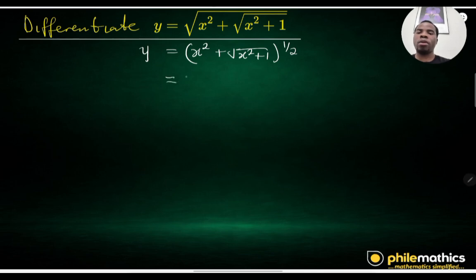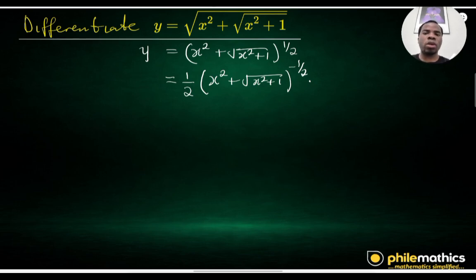So we have 1 over 2, subtract 1 from this, we have x squared plus square root of x squared plus 1. If you subtract 1 from half, you get minus half, multiplying the derivative of the inner function.